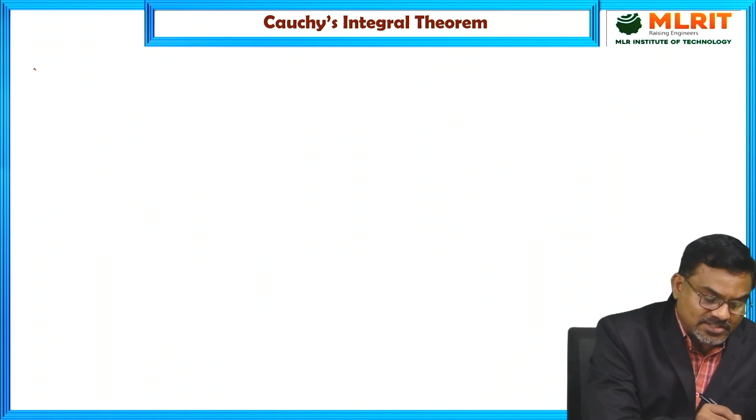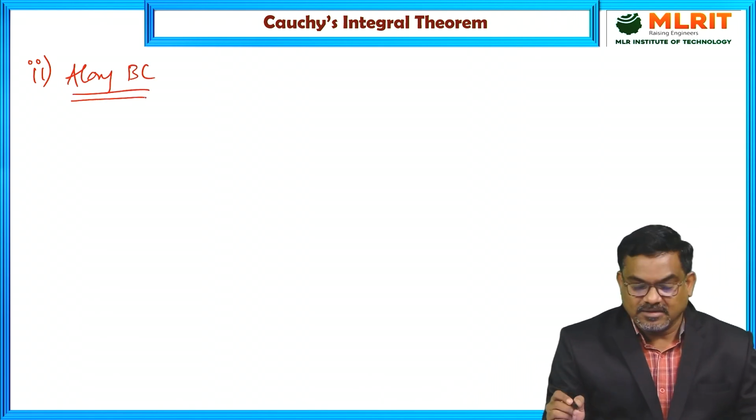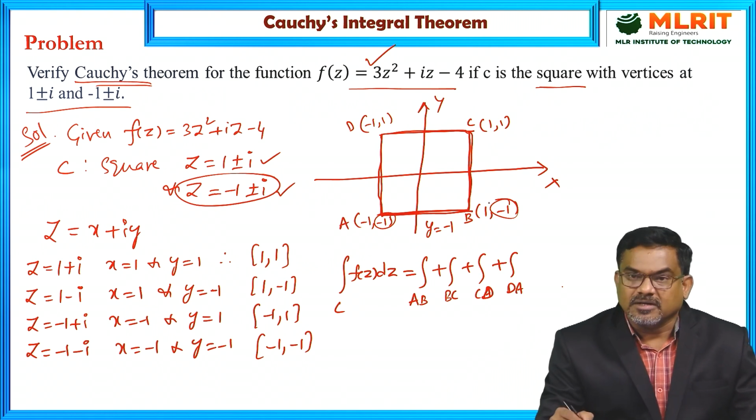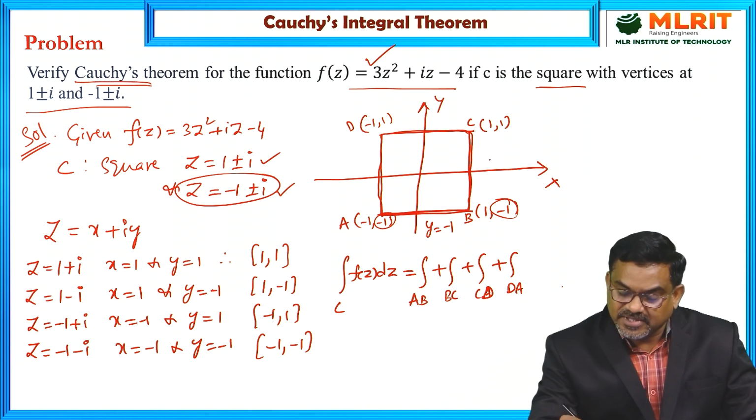Now coming to the second one, along BC. Once again, let us go back to the curve. Along BC, it is very clear that there is no change in x value. So x is fixed here, x equal to 1.